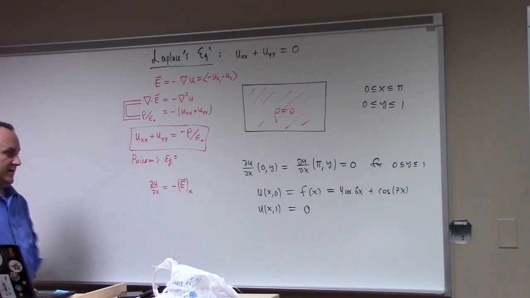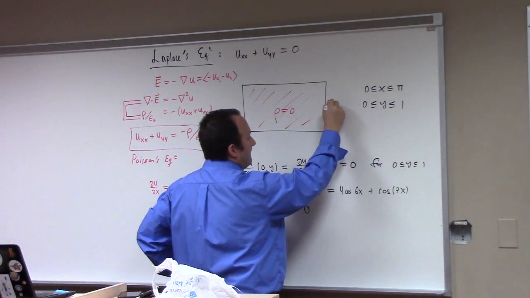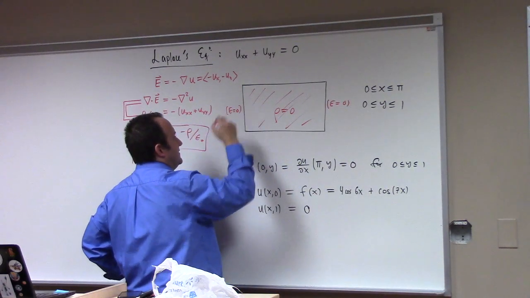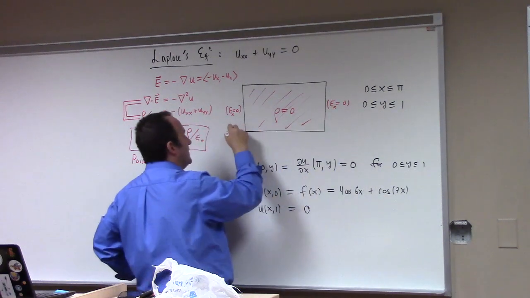That boundary condition says the x component of the electric field is 0 on the x equals 0 and x equals pi edges.